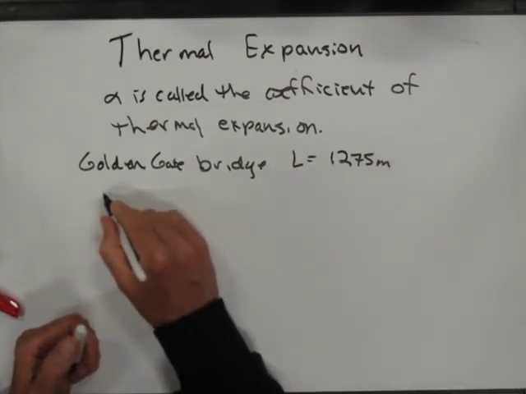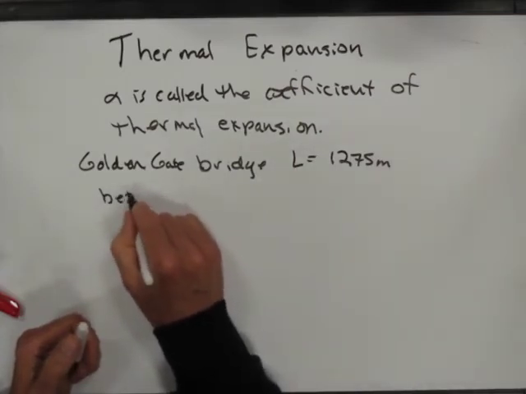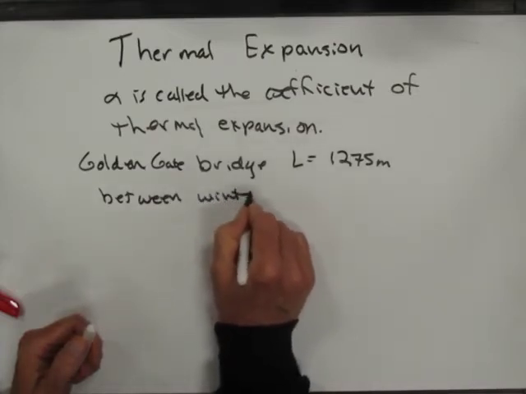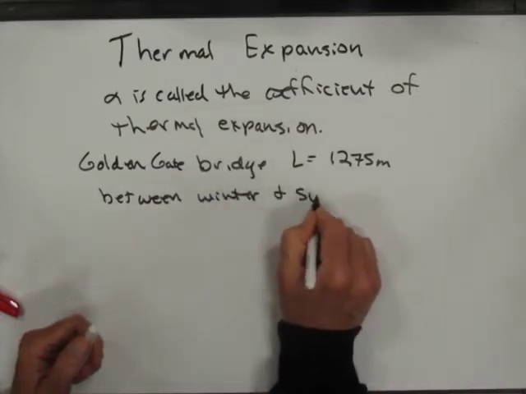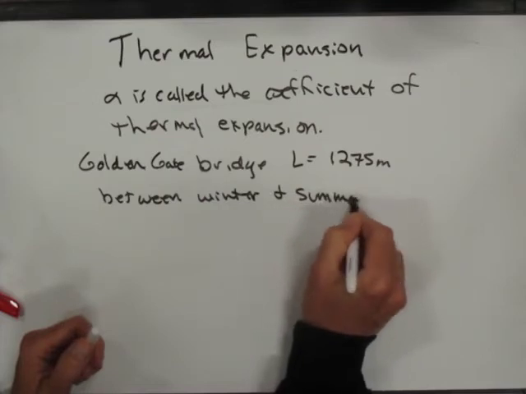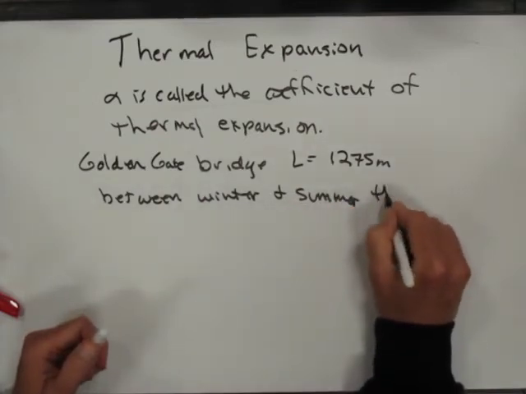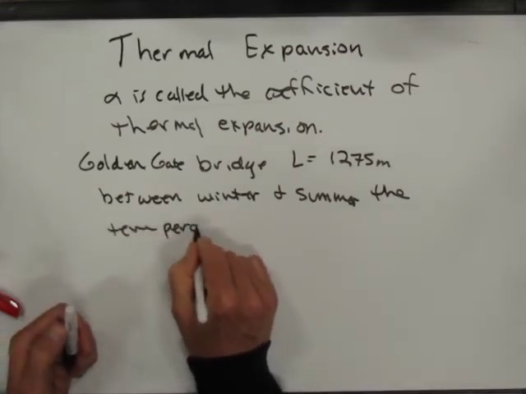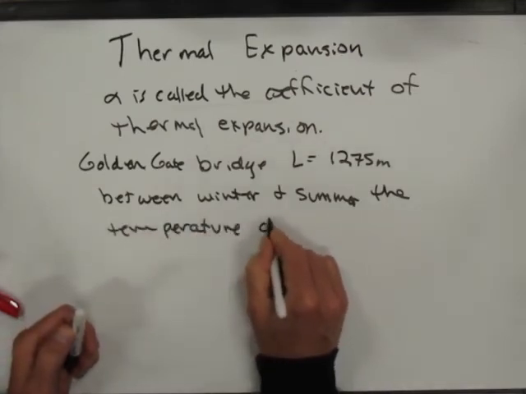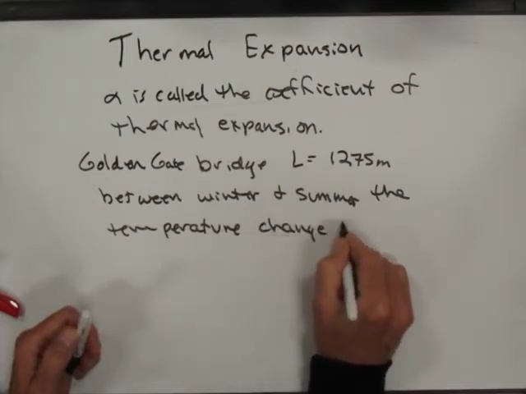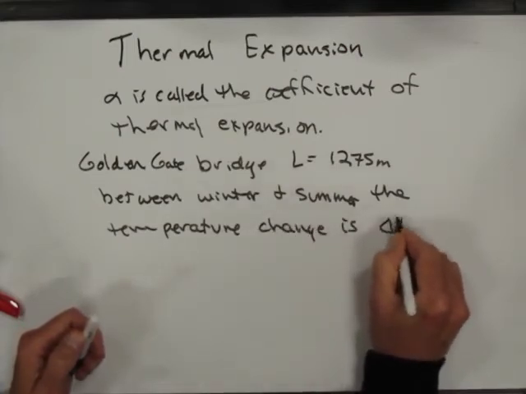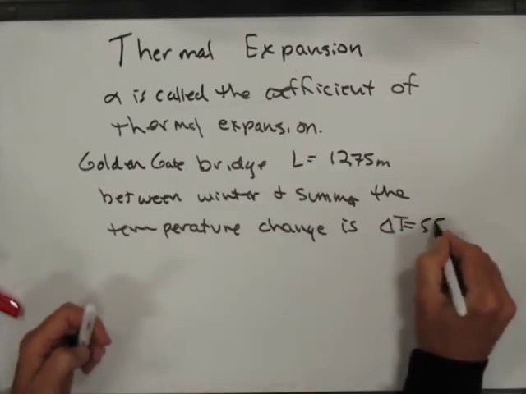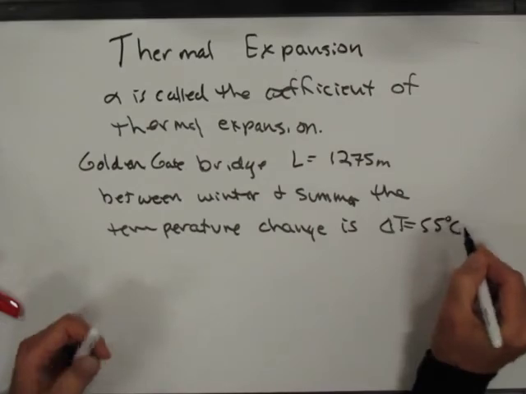Between winter and summer, the temperature change is delta T equals 55 degrees Celsius.